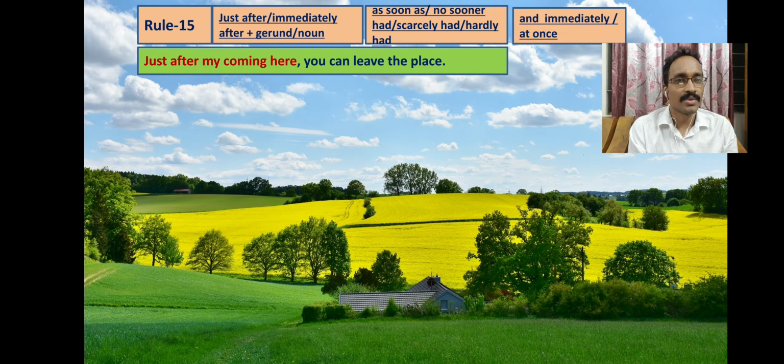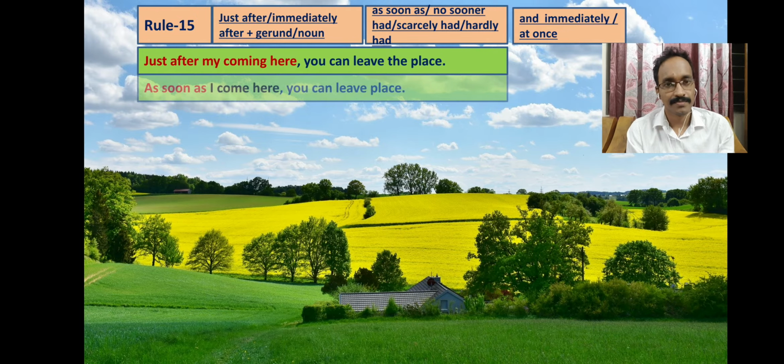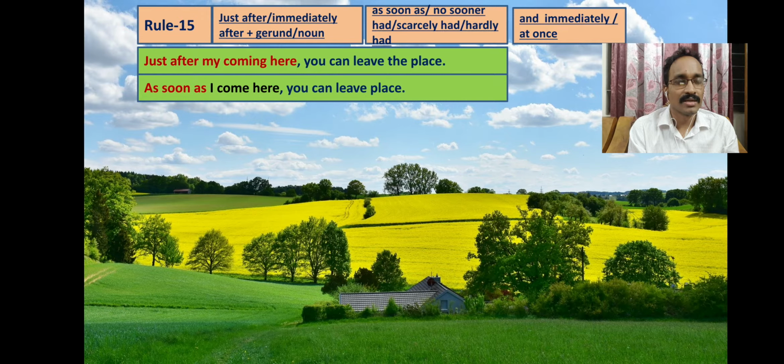You can leave the place, this is a clause, and here you get the subject and principal verb, and therefore the first part should be turned into a clause to make it a complex sentence. And in this case we can use conjunction as soon as to connect these clauses. So see the answer, how to make it a complex sentence. As soon as I come here you can leave the place.